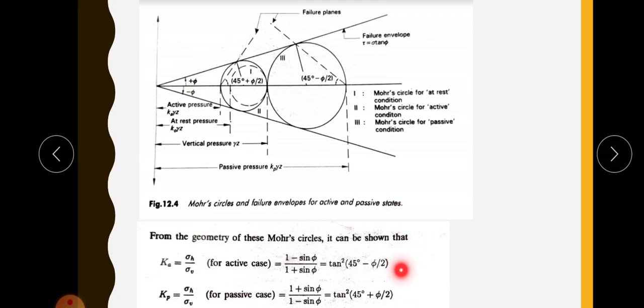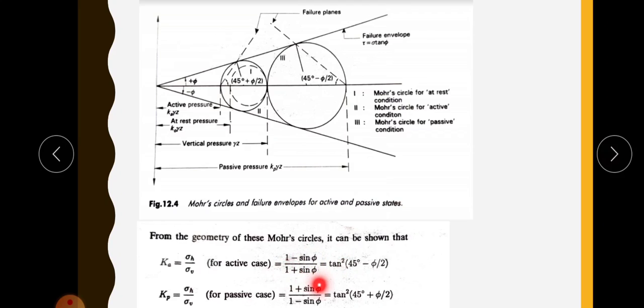So you should be thorough about this equation. What is the expression for Ka and Kp? Ka is equal to 1 minus sin phi by 1 plus sin phi, and Kp is equal to 1 plus sin phi by 1 minus sin phi. You can remember this by one thing: in the active case, earth pressure is decreasing, so for the numerator it is minus: 1 minus sin phi by 1 plus sin phi.